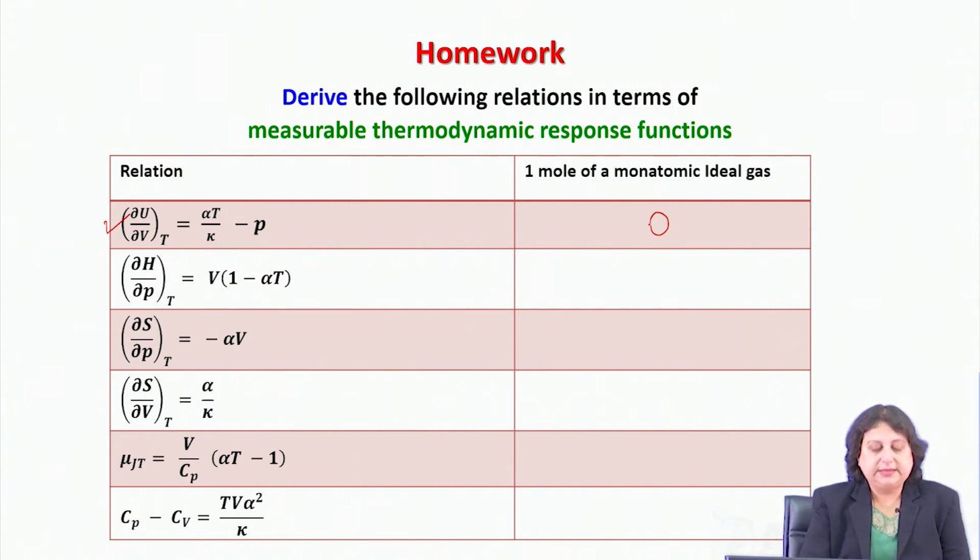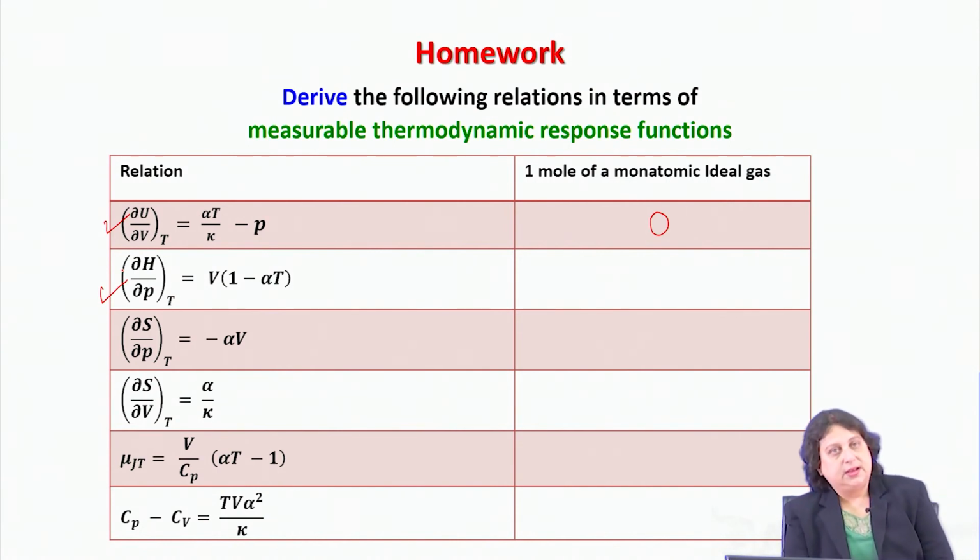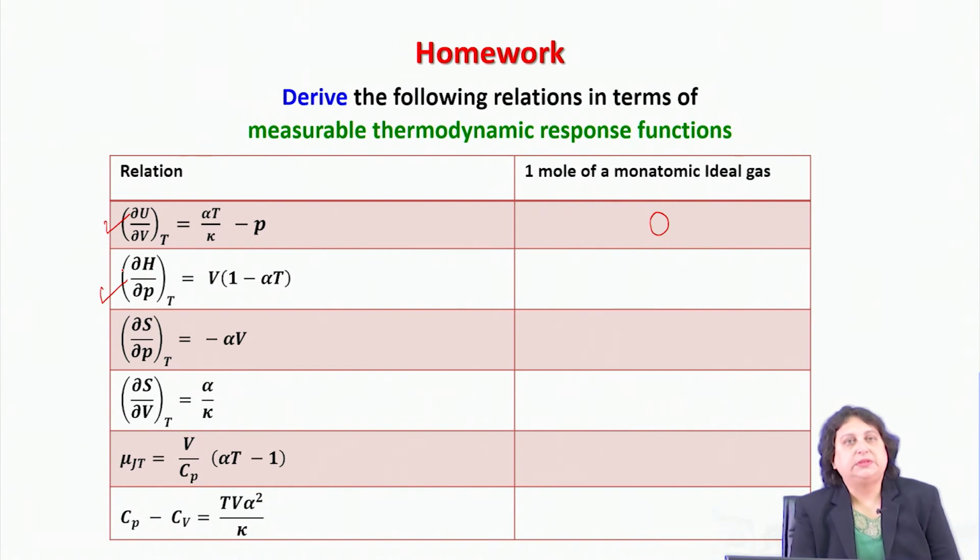Now, look at del H del P at constant T. This is the question that I am asking here: what happens to the enthalpy of 1 mole of a monatomic ideal gas if I increase its pressure at constant temperature?